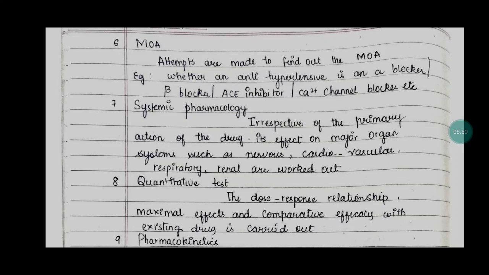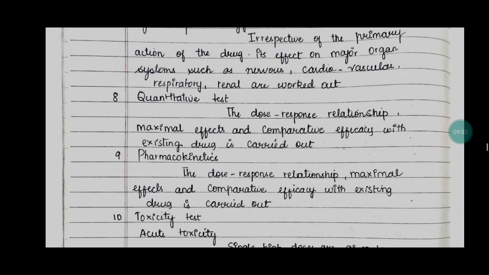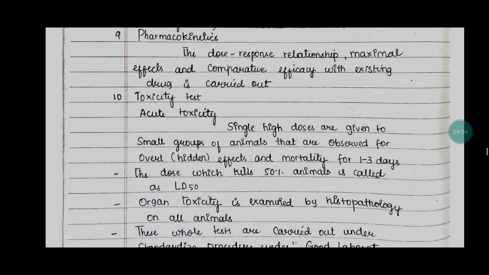And number eight, quantitative tests. The dose response relationship, maximal effects and comparative efficacy with existing drugs are carried out. And number nine, that is pharmacokinetics. The dose response relationship, maximal effects and comparative efficacy with existing drugs are carried out.